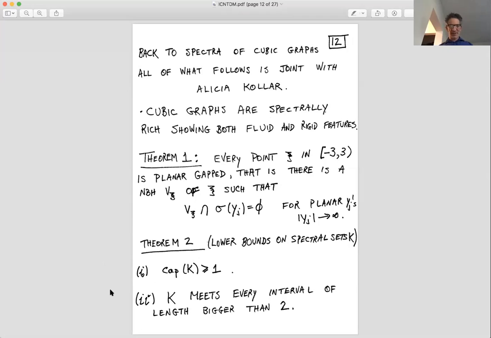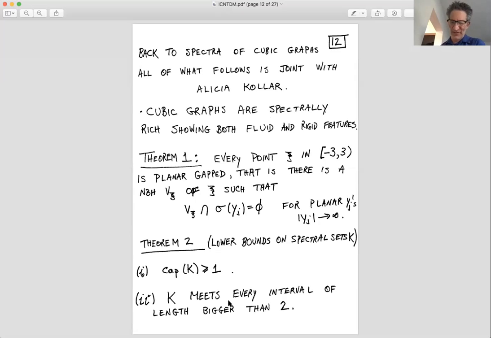And then quite a bit more difficult theorem that we prove, and you'll see why we prove it, is that a spectral set, remember a spectral set is a closed subset of [-3, 3] for which there's an infinite sequence of graphs whose spectrum is contained in there, must meet every interval which has length bigger than 2. So you cannot create a gap set which is bigger than width 2.